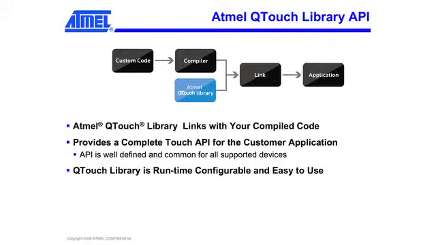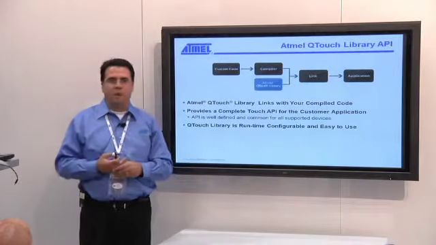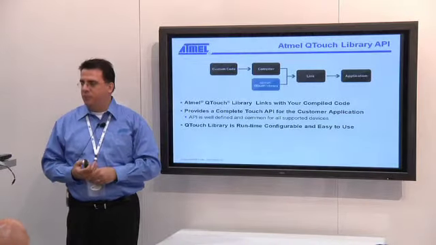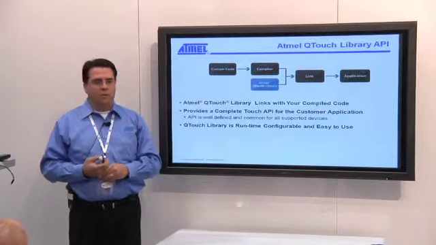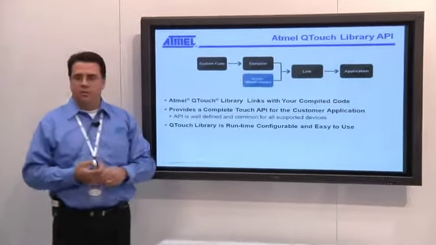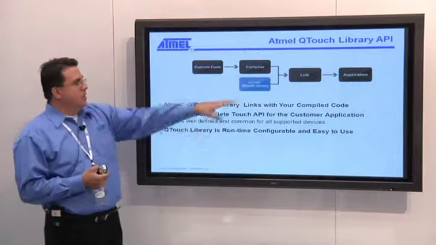For the QTouch library, the concept is that you would have your custom code for your typical general purpose microcontroller application, which could be sensing analog sensors, controlling motors, or controlling LEDs or a display. You traditionally compile that using your normal means.